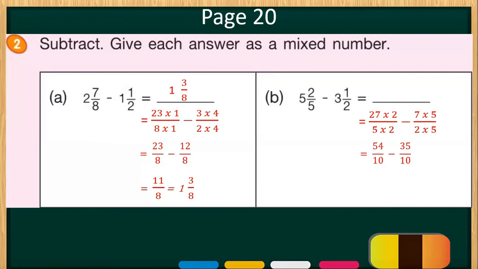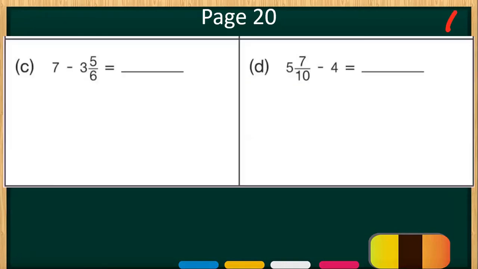What's the answer? It's 19 over 10 or 1 and 9 over 10.